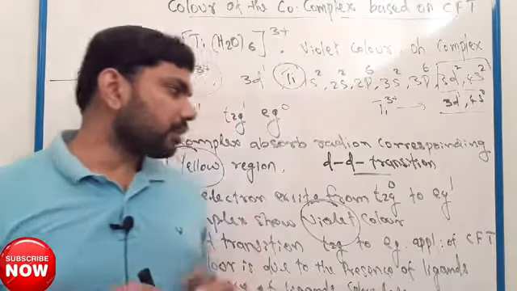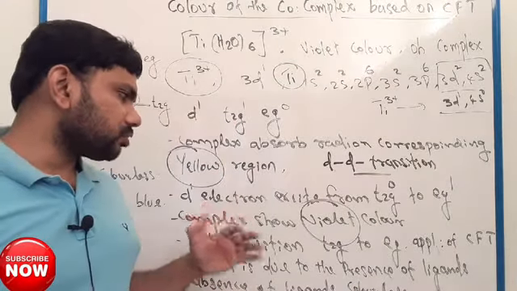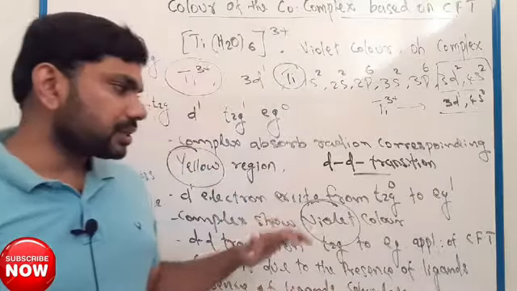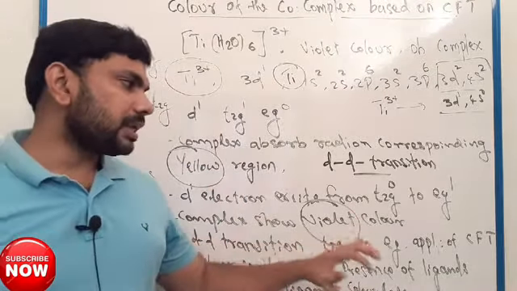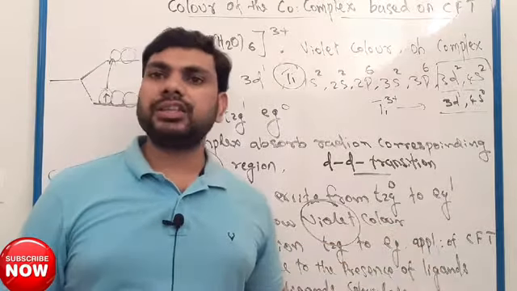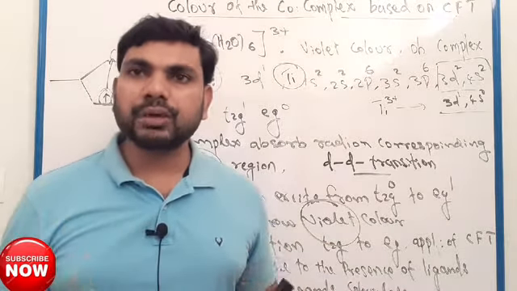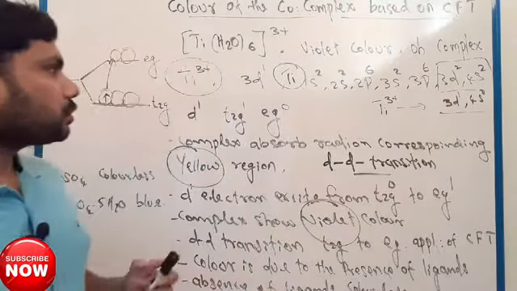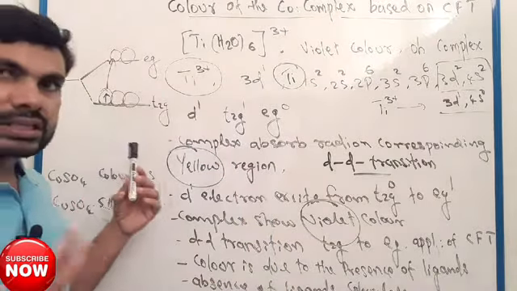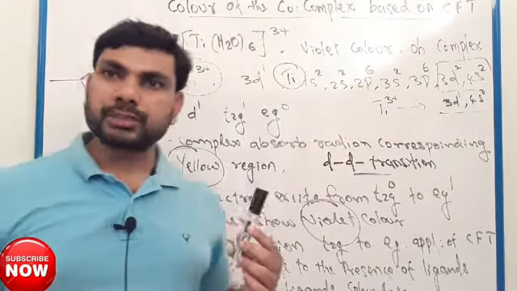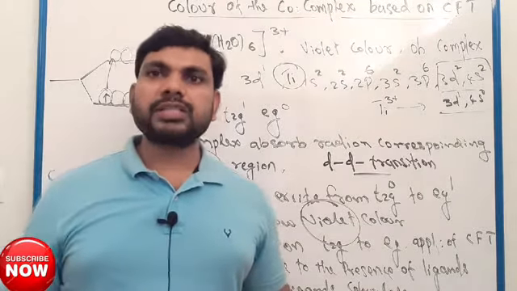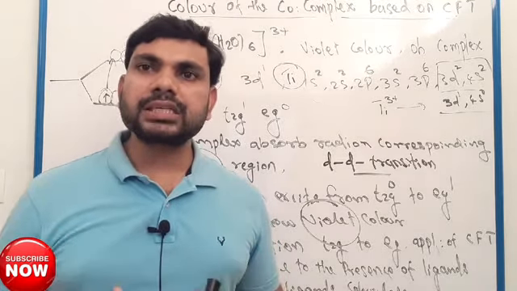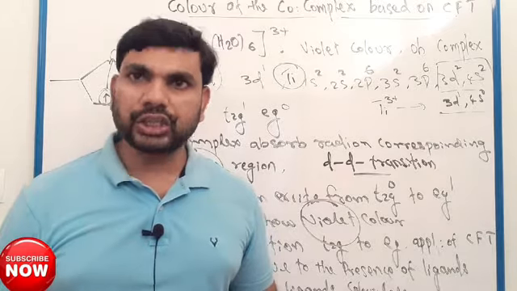This dd transition, this transition of the electron producing color, is an application of crystal field theory. We discussed crystal field splitting, octahedral splitting, tetrahedral splitting, t2g and eg based on crystal field theory.